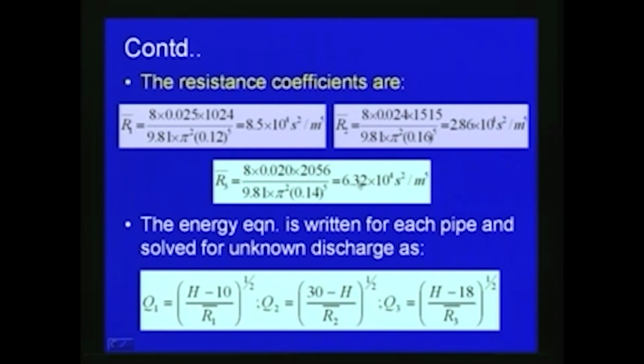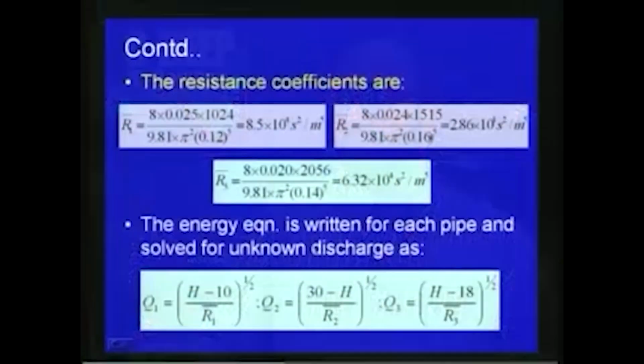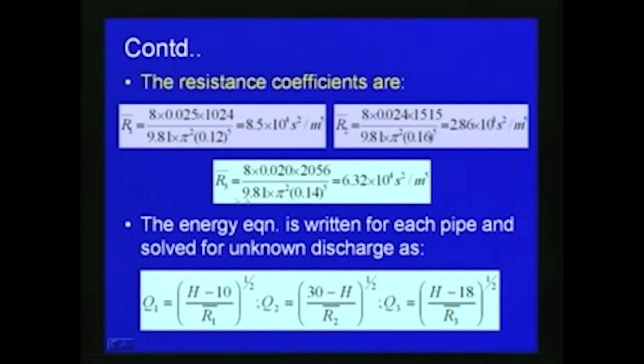So, now we found R1 bar, R2 bar, R3 bar, the resistance coefficients, and now the energy equation we can write for each pipe and solve for the unknown discharge. From the energy equation we can write Q1 is equal to, for this first pipe, H minus 10 divided by R1 bar to the power 1 by 2, and Q2 is equal to 30 minus H divided by R2 bar to the power 1 by 2, and Q3 is equal to H minus 18 divided by R3 bar to the power 1 by 2.